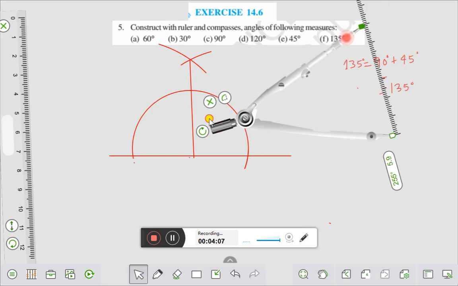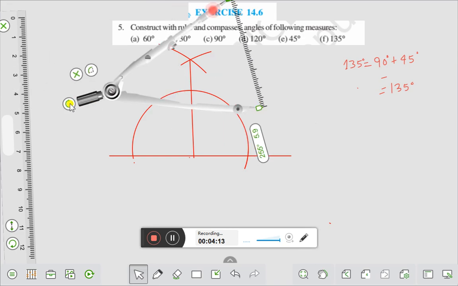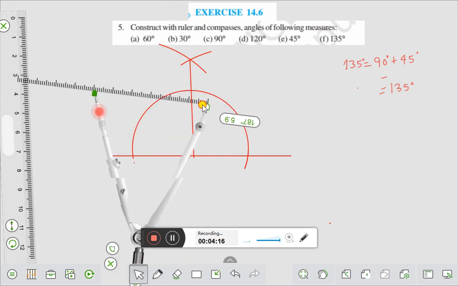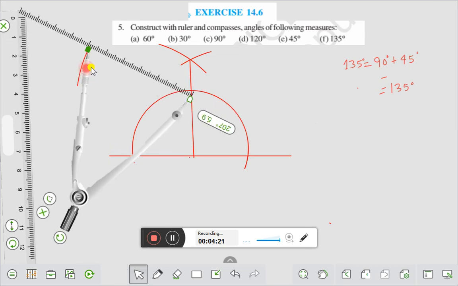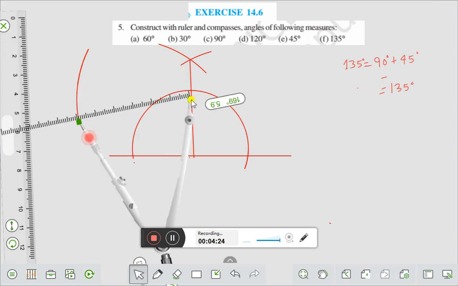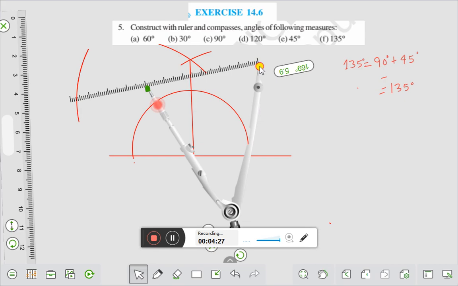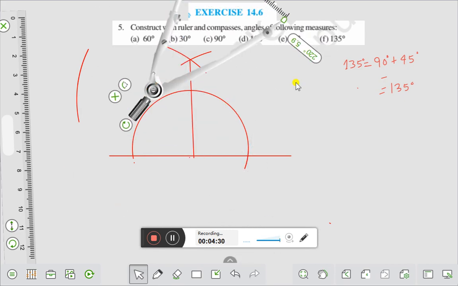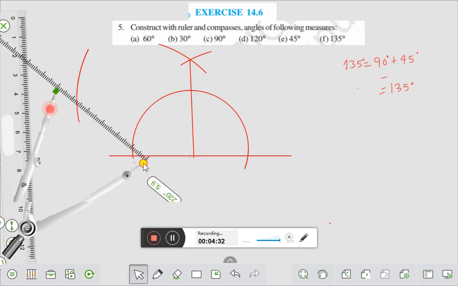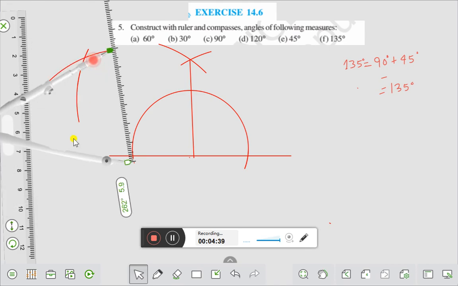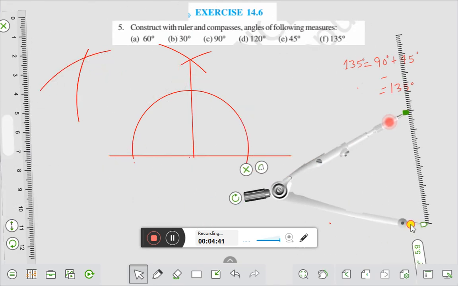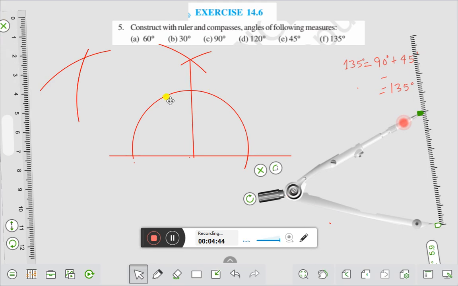With the help of this compass, take this pointer here, make an arc here, take this pointer here, take this pointer at this point and make another arc, right? Then if we draw this line, this will be 90 plus 45, that is 135 degree, right?